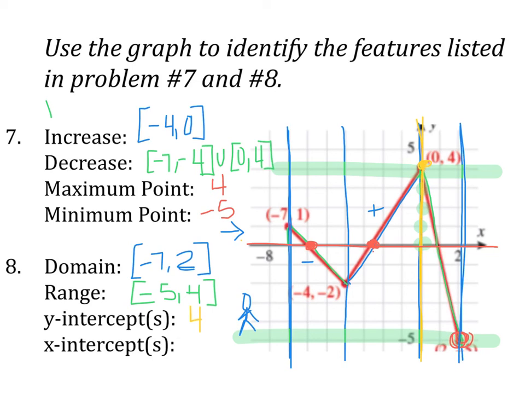I'm sorry, that's not -2, that's negative. Let's see, there's the origin. 1, 2, 3, 4, 5, 6, -6. So one of the x-intercepts is -6, and the other one would be -2.5. And there you have it.